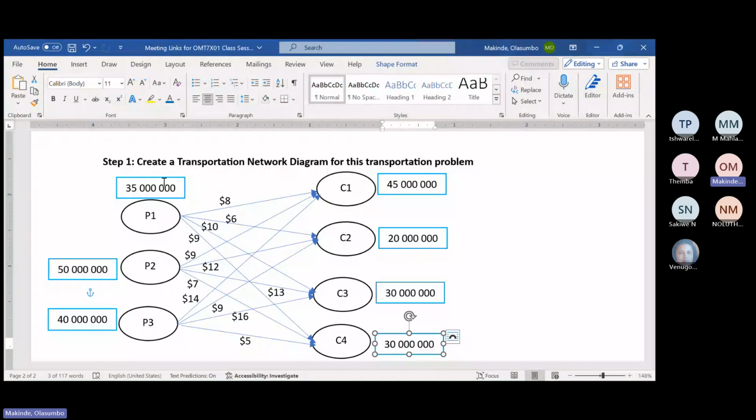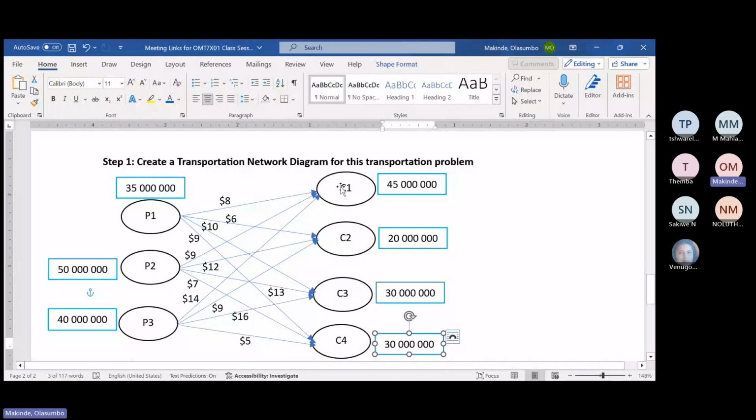Depending on how many units plant 1 will supply to C1, which we don't know, depending on how many units plant 1 will supply to C2, which we don't know yet, depending on how many units plant 1 will supply to CT3, which we don't know yet, anything plant 1 will supply to all these 4 should not exceed what plant 1 has, because you can only give what you have. And that is what we call the supply capacity constraint. Because you cannot give what you don't have. You can only give out what you have.